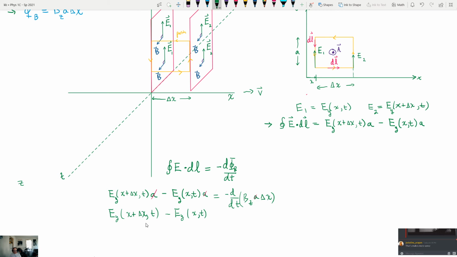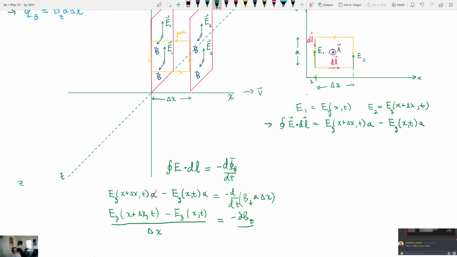So this is the electric field. They're both evaluated at the same time t, but this is the electric field at x plus delta x, and this is the electric field at point x. We divide all of this by delta x. The right-hand side of the equation is very simple now. It just says negative del Bz del t.